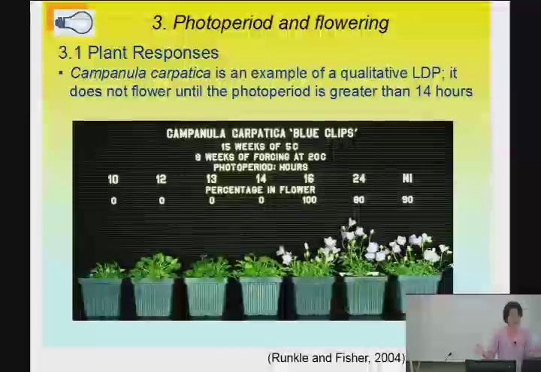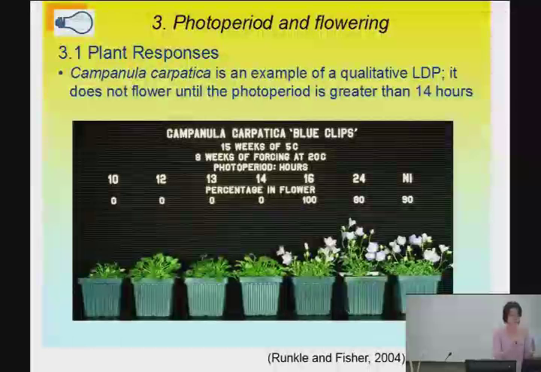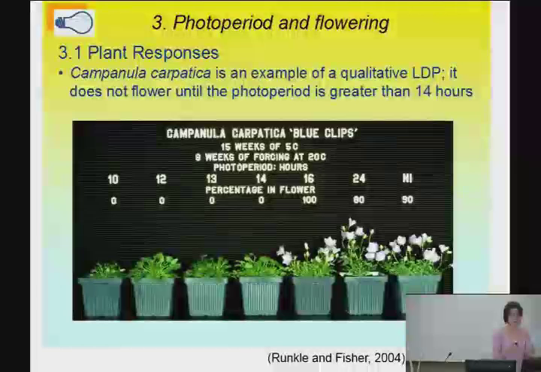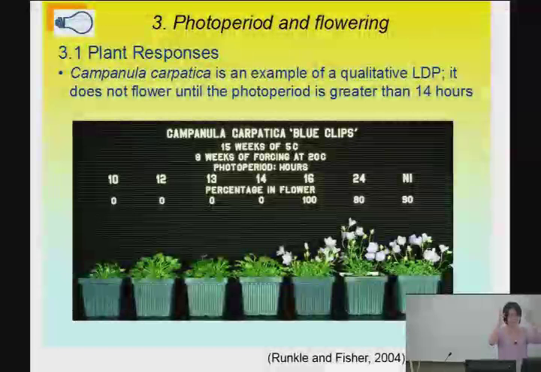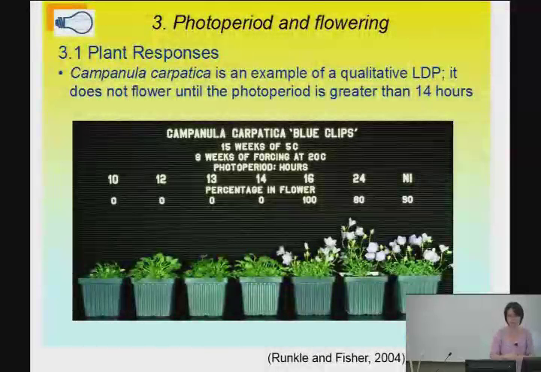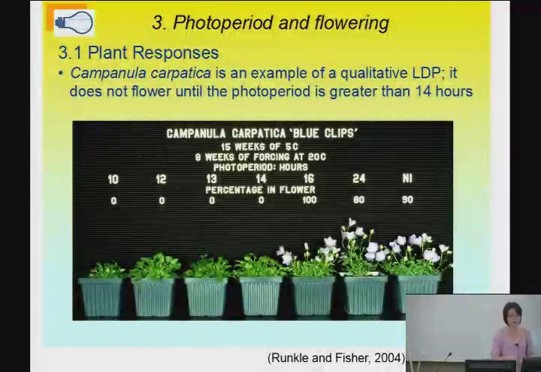The total is 18 hours. In that case, is 7 hours enough to be considered a short dark period to trigger the long day response? Okay, that's complicated, huh? You have to switch between dark period and long day photoperiod back and forth, but that's how plants respond.